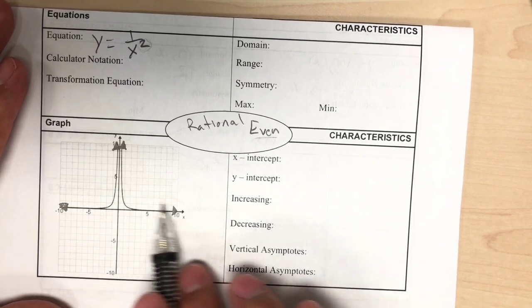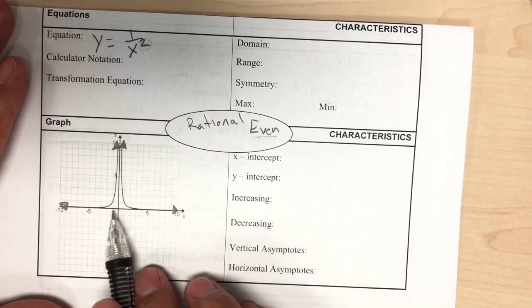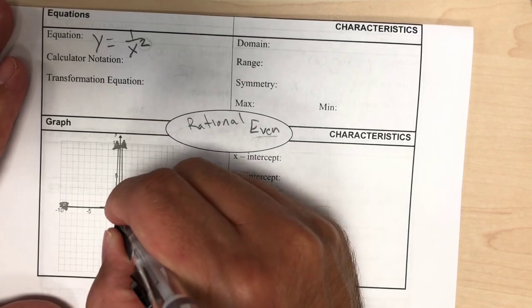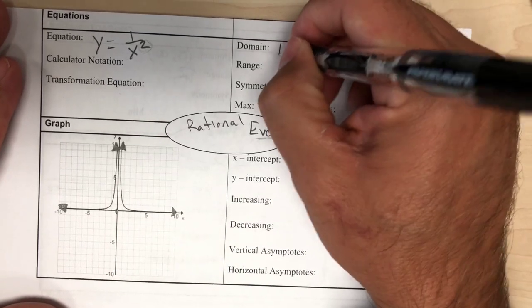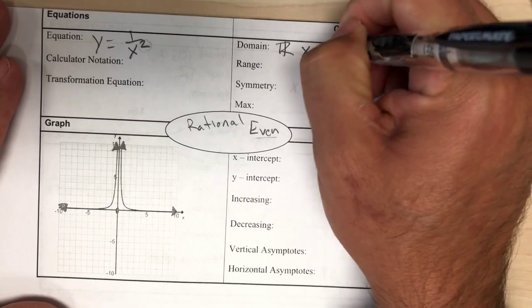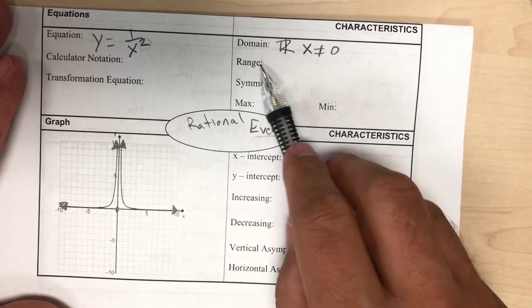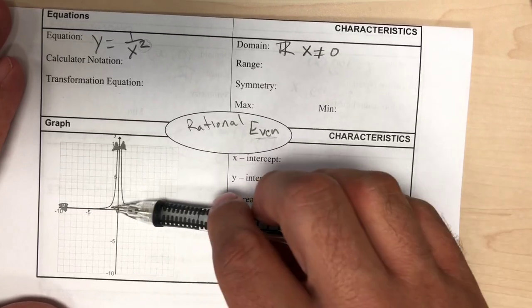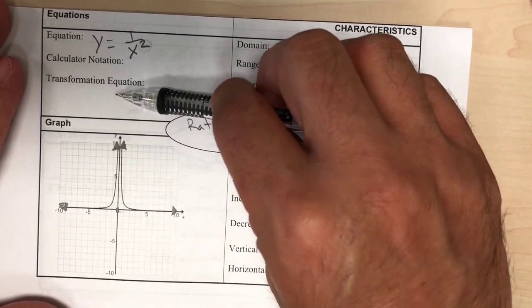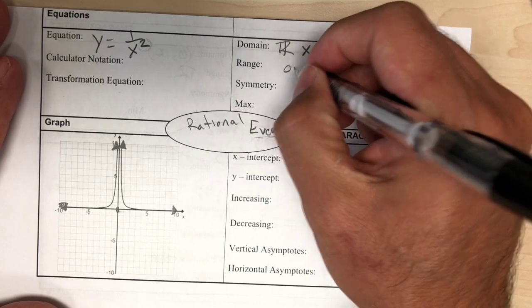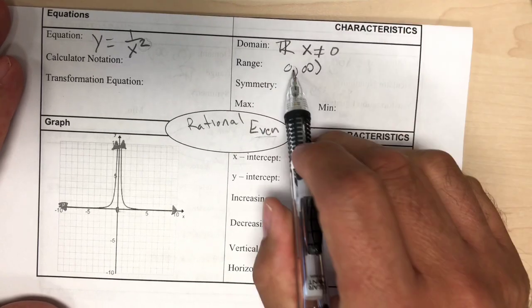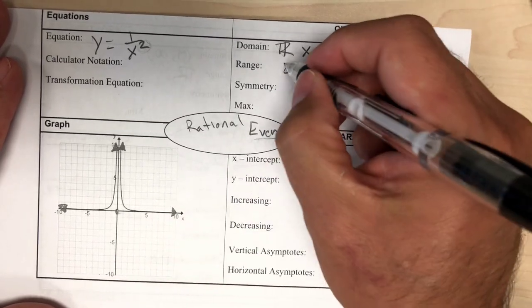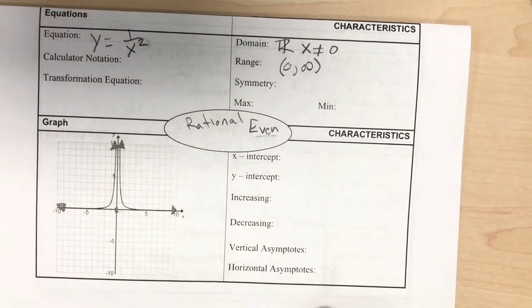Negative infinity to positive infinity, with the exception of 0. All real numbers, x cannot equal 0. The range, it goes down as far as 0 to positive infinity. So 0 to infinity, it's never going to equal 0, so we use a parentheses.